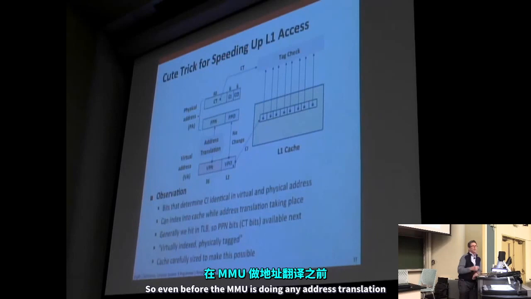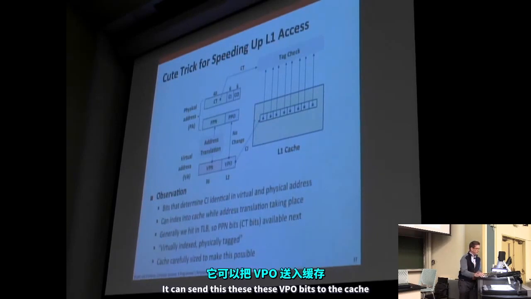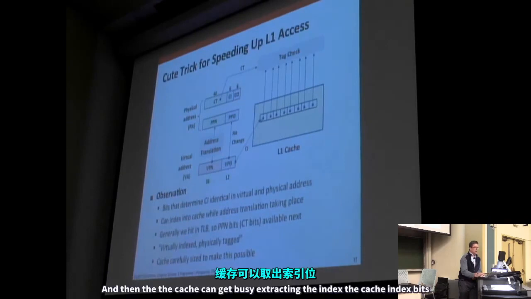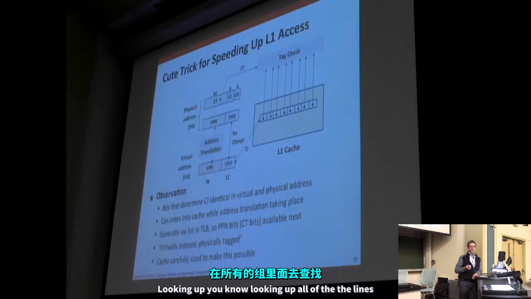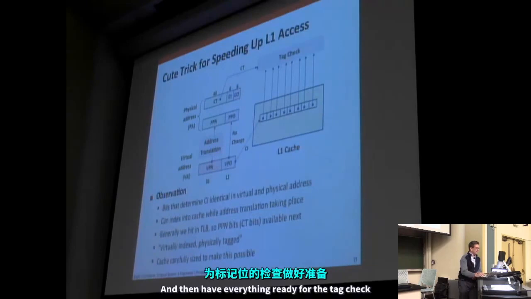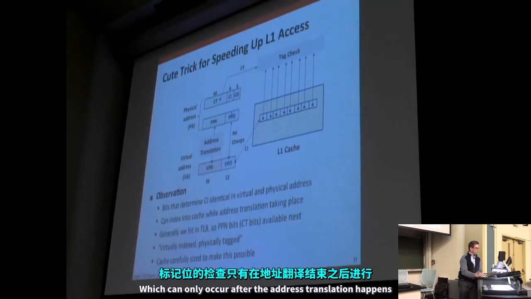So even before the MMU is doing any address translation, it can send these VPO bits to the cache, and then the cache can get busy extracting the cache index bits, looking up all of the lines in that set, and then have everything ready for the tag check, which can only occur after the address translation happens.